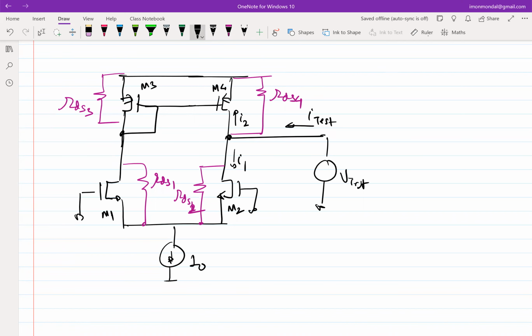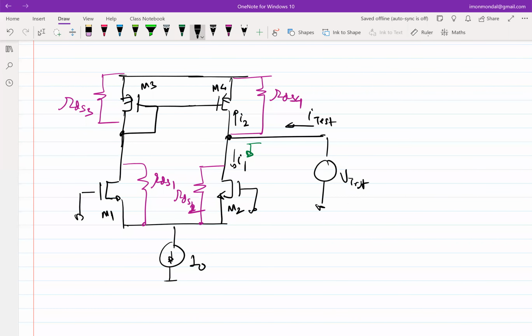So let's do the thing that we have done earlier. Let's try to figure out what is I1, that is, the impedance looking down. I1 by V test will be the impedance looking down. This we have already done, so this should be quick. How will we proceed?